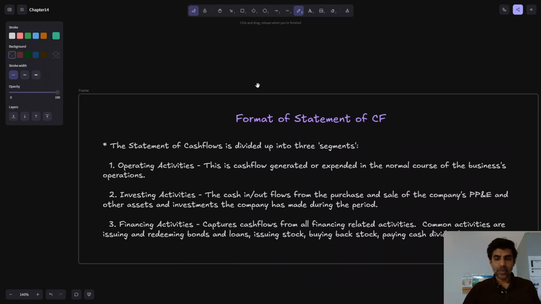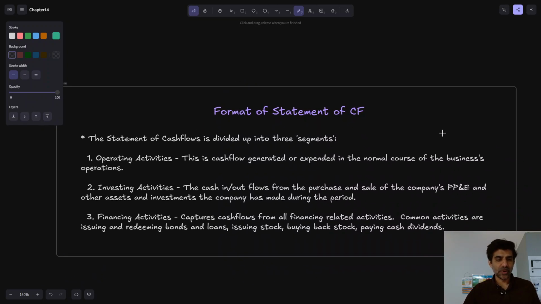Okay. So again, the format of the statement of cash flow, there's three sections. Operating, and this is the cash flow generated or expended, because sometimes your business is operating and it's cash flow negative, as we say. You'll see that this is just from the normal course of the business's operations.